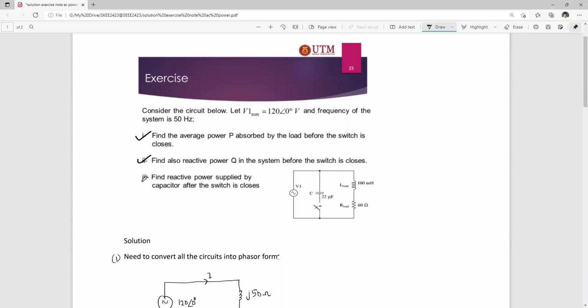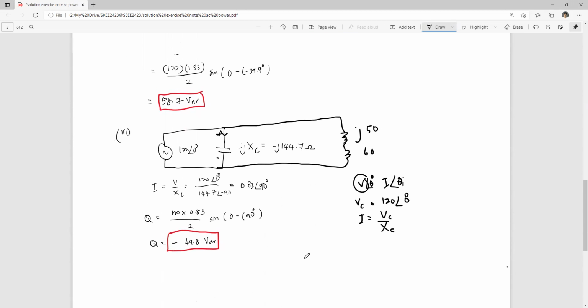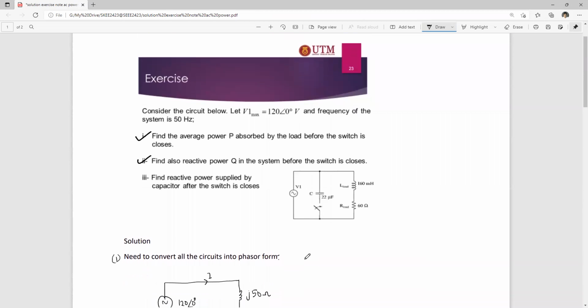We haven't finished question number 3 yet, because during the class I said that the solution is not correct. But after looking at that solution truly, the original solution is actually the corrected one. So the question is: find the reactive power supplied by the capacitor after the switch is closed.